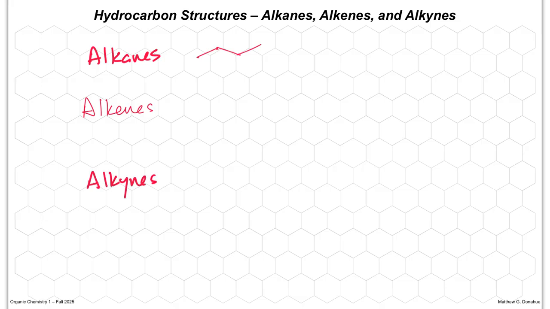So let me just start with butane. Hypothetically, I want to remove 2 hydrogen atoms. Again, I'm going to do it in a logical fashion here. I'm just taking a hydrogen from carbons 1 and 2.